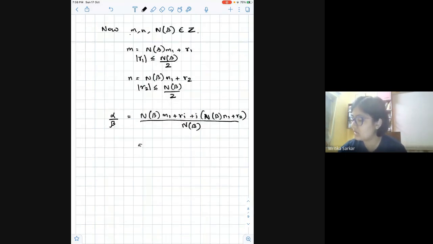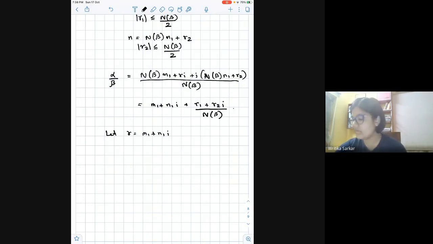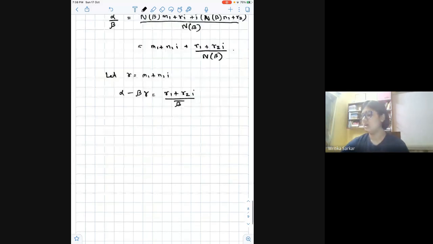This is going to be m1 plus n1 times i, plus r1 plus r2 times i divided by norm of beta. Now the most obvious thing to do is let gamma be equal to m1 plus n1i. After a little algebra, what we get is that alpha minus beta times gamma is equal to r1 plus r2i divided by beta bar.